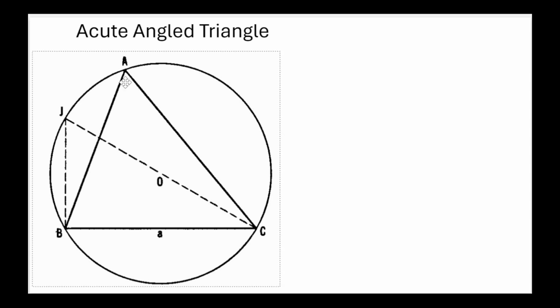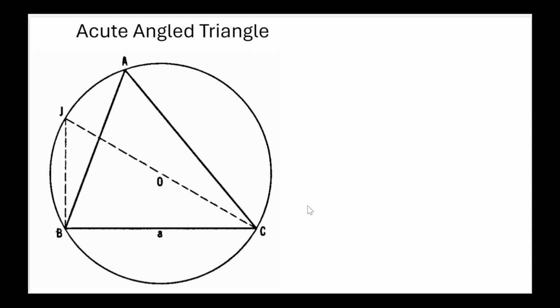So consider the acute angle triangle ABC with usual notation, the customary triangle ABC. The opposite side of angle A is denoted by small a. Now this triangle ABC is circumscribed.